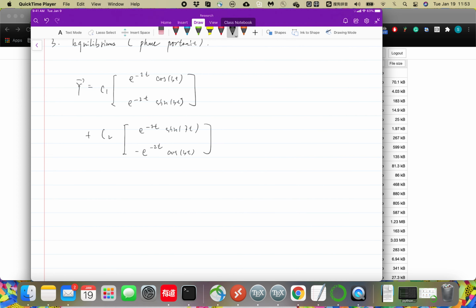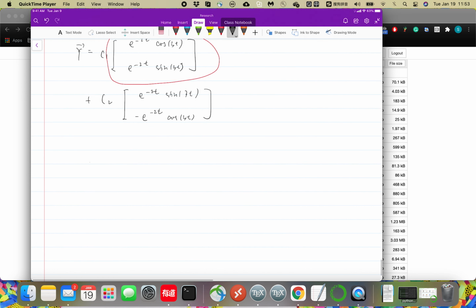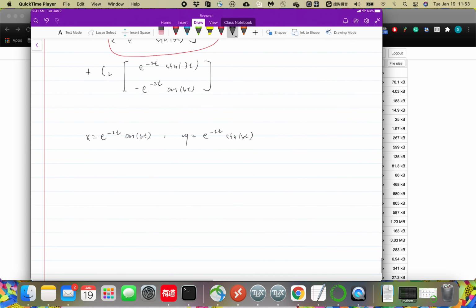So what do we have here? Let's take the first one as an example. How do you understand this? Well, that's basically x equals this, if you want to draw it in the xy plane, and y equals this. Does it look familiar? Well, technically this is e to the negative 2t cosine 3t sine 3t.